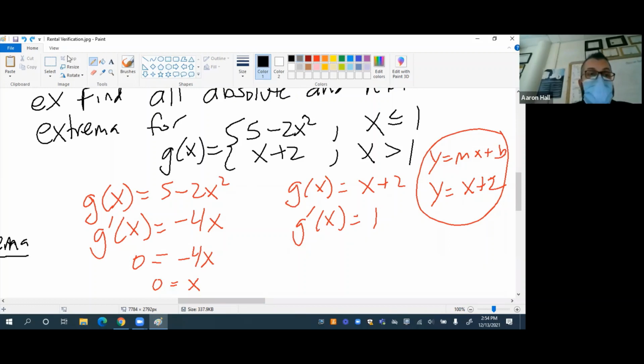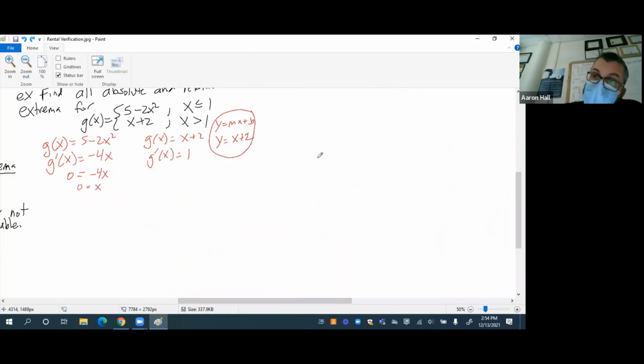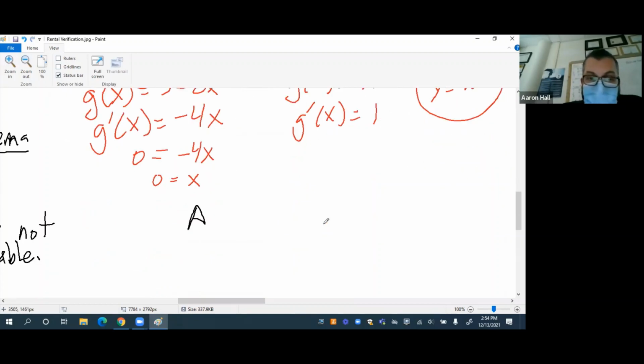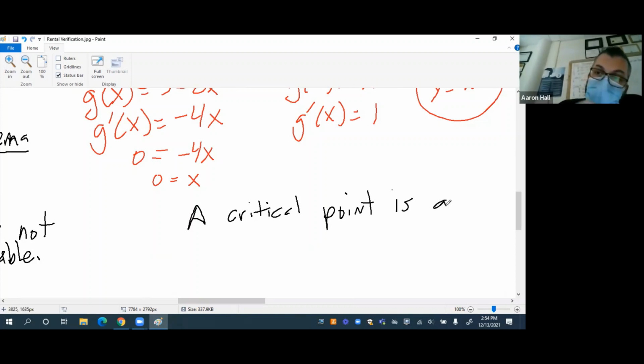A critical point, in fact, I'll zoom in on this. A critical point is a point that could be an extrema.